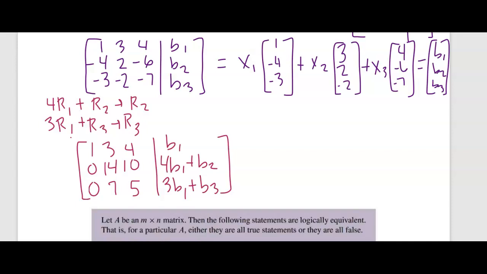Now, if I take negative 2 times row 3 and add that to row 2 and put it back into row 3, let's see what happens.